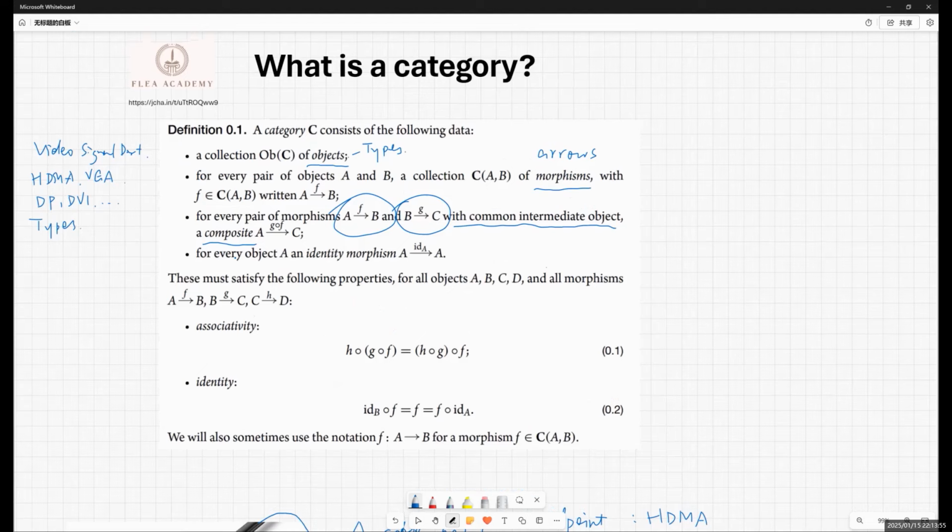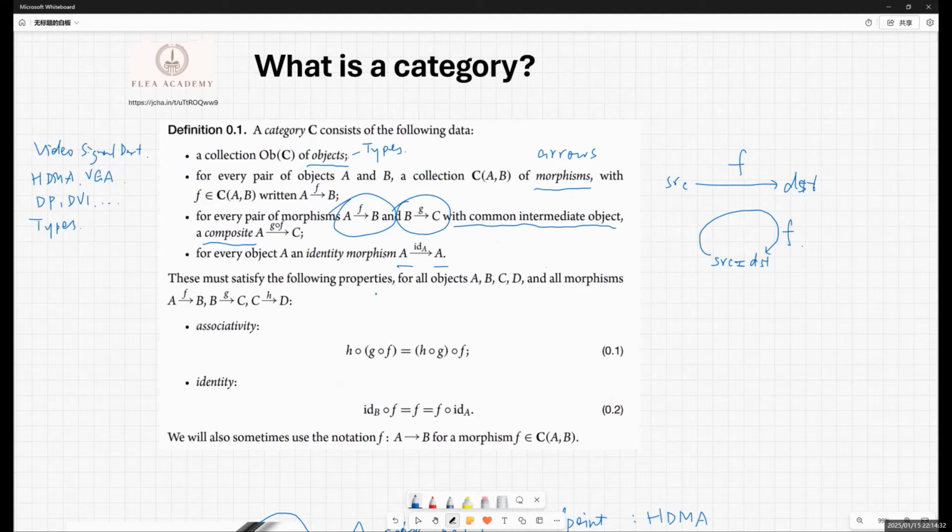And for every object, there is an identity morphism from A to A. What's the meaning? A to A, since the source and the destination are the same. Originally, we have an arrow from the source to the destination. If the source and destination are identical, we can link them together, source equals destination, and use a loop.